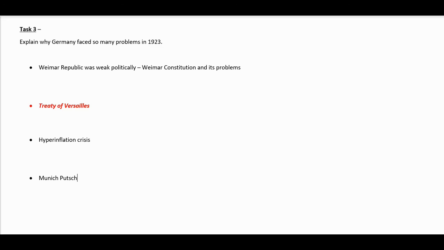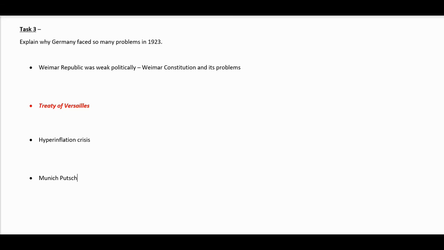And we could then say that Hitler's Munich Putsch in 1923 was a reaction against the government's methods of dealing with the hyperinflation crisis, and was also a rejection of the Treaty of Versailles and any sense that Germany should be cooperating with the French in stopping passive resistance and allowing them to be in the Ruhr.